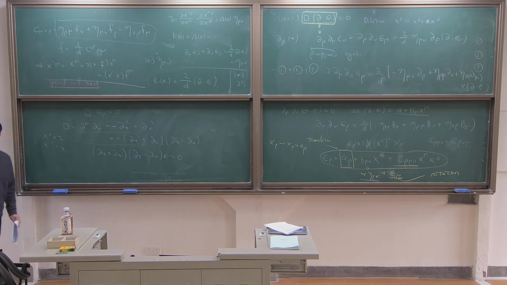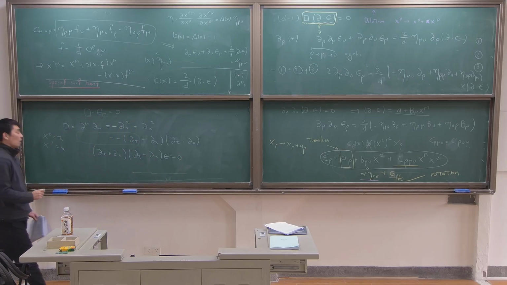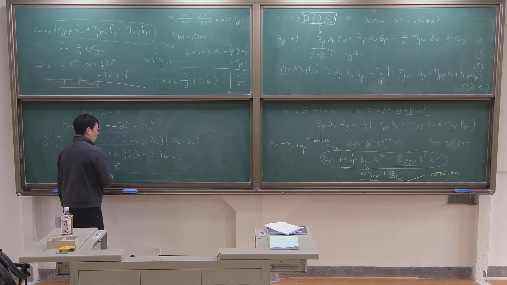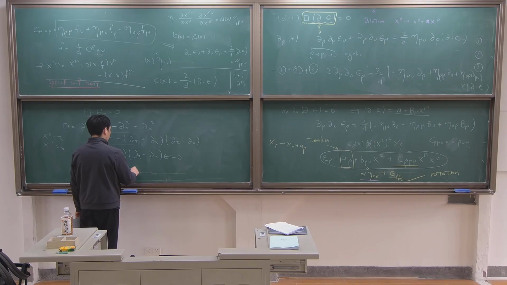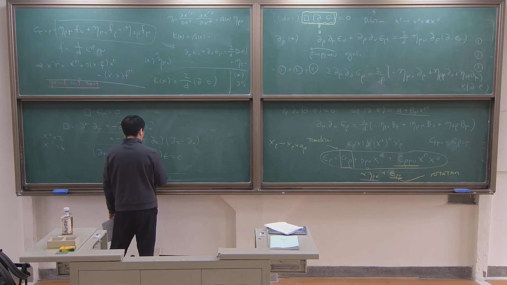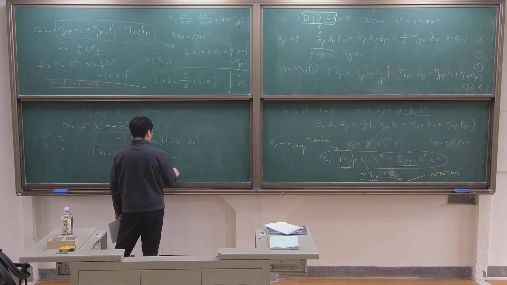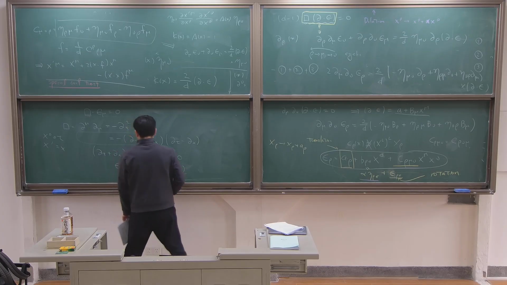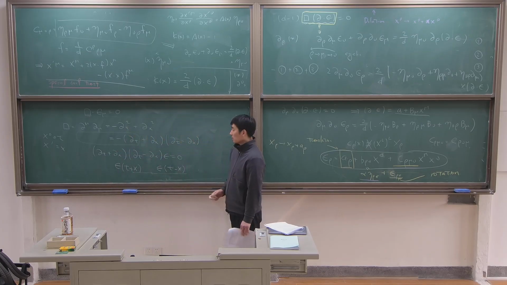So therefore epsilon depends only on either t plus x, or epsilon depends only on t minus x. Then this will be satisfied.